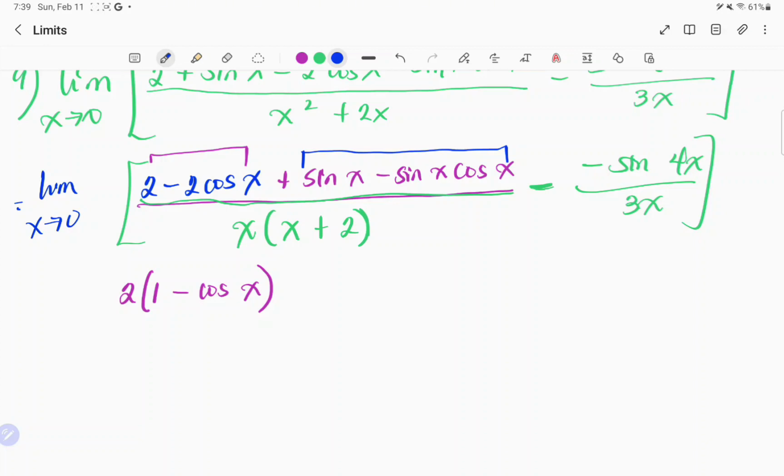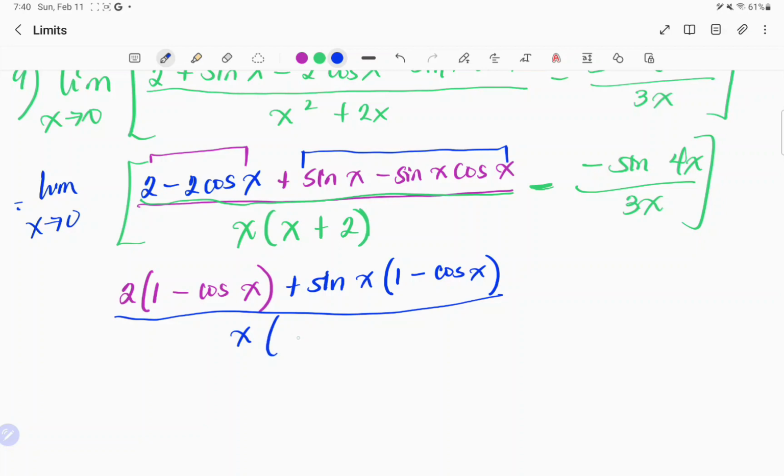So let me factor out sine x. So plus sine x times what we have in our second factor will be 1 minus cosine x. So as you can see, 1 times sine x is sine x here, and negative cosine x times sine x is negative sine x cosine x, over x and x plus 2.